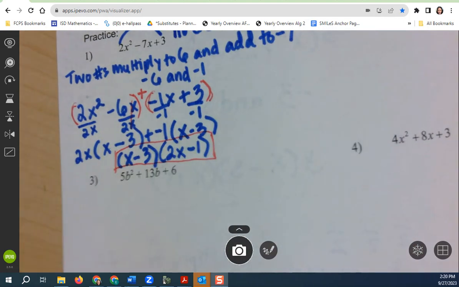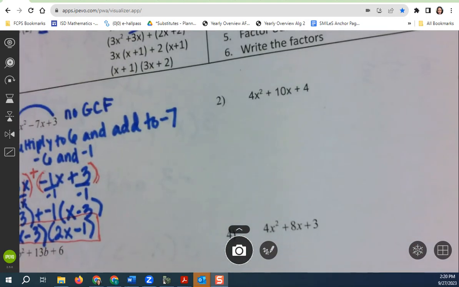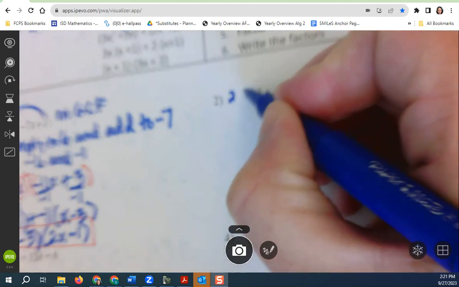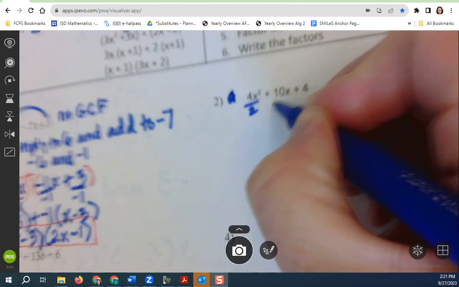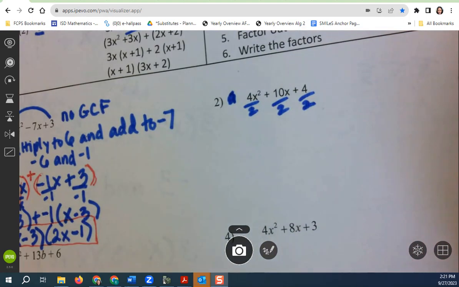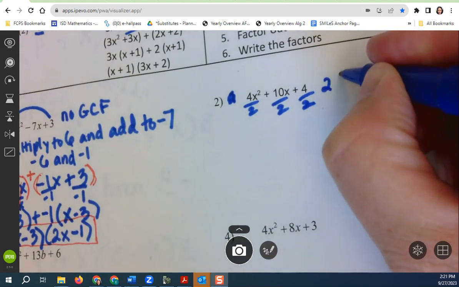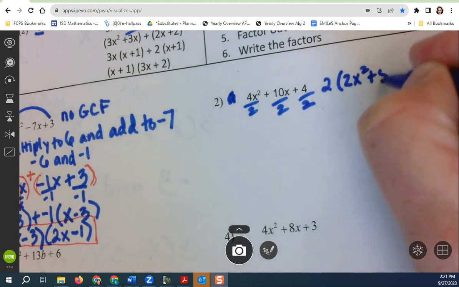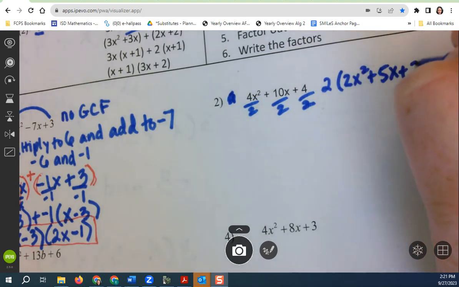What can I factor out in number 2? A 2, right? So I'm going to start by factoring out that 2. And I'll have 2 times 2x squared plus 5x plus 2.